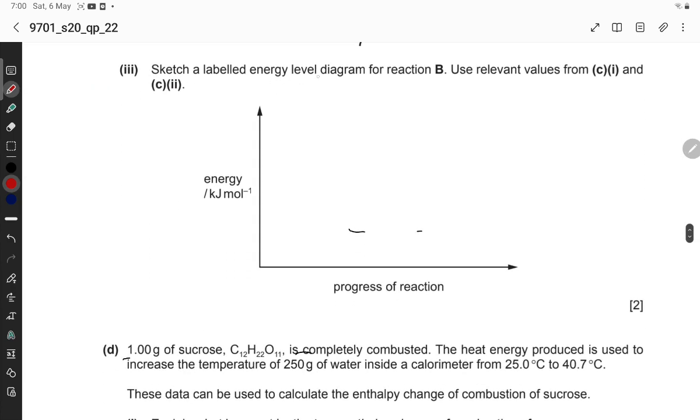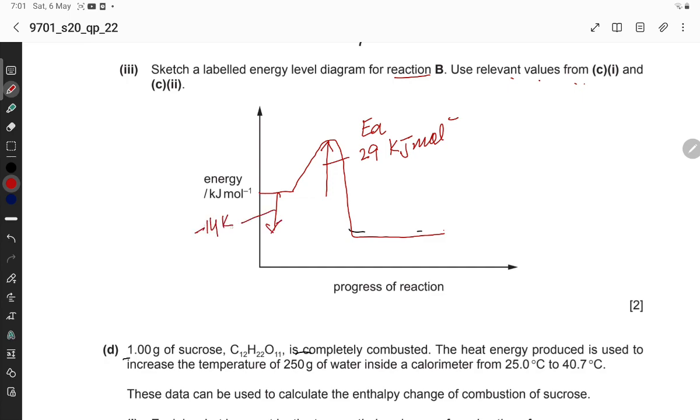Sketch a labeled energy level diagram for reaction B. Use the relevant values from C1 and C2. This is activation energy and this is enthalpy change, minus 114 kilojoule per mole.